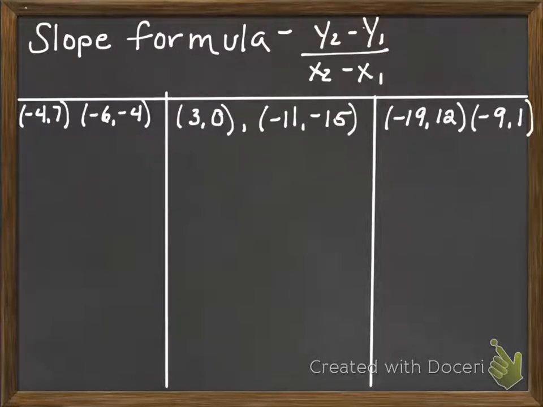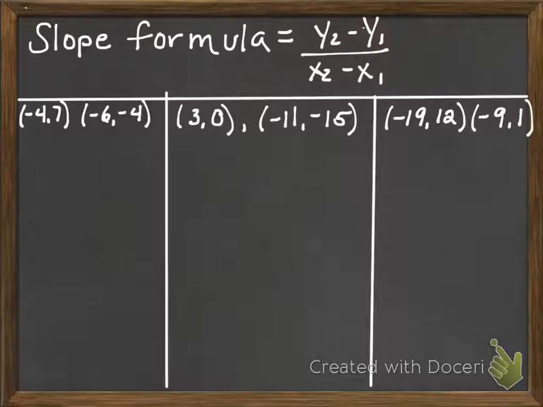All right, now we're going to talk a little bit about the slope formula. So in the two previous problems, you were given your slope. But what happens when you're not given a slope? Well, you have to use the slope formula. So the slope formula is y2 minus y1 over x2 minus x1.